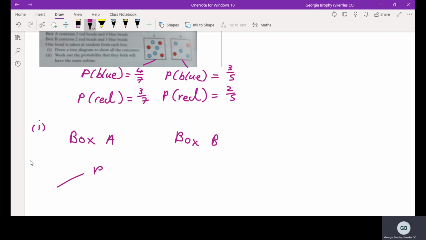You'll choose red or you'll choose blue. After you've chosen your first one, let's say you choose red, you will then choose red again, or you will choose blue. If we go with this first option, you've chosen red, your outcome is red followed by red. You could go red followed by blue.